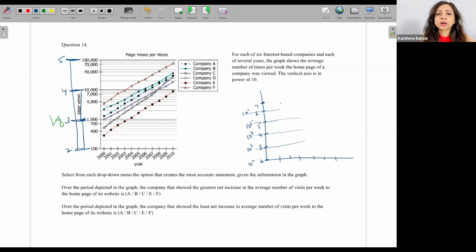Take a look at this one. If this is my 70,000 value, and this is my value less than 4,000, the increase is 66,000. In 2000 the page views were less than 4,000, and in 2010 they went up to 70,000, an increase of 66,000.